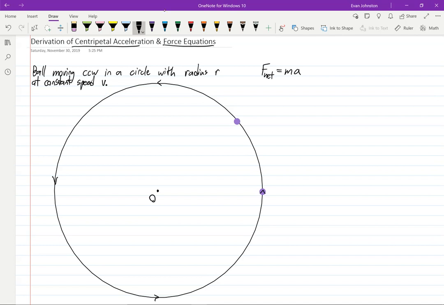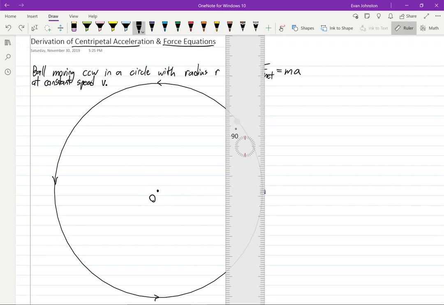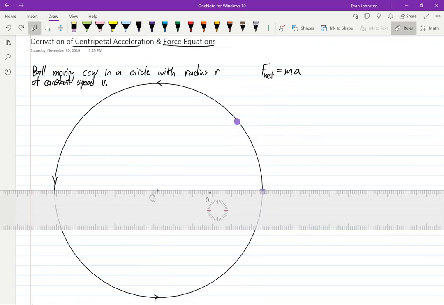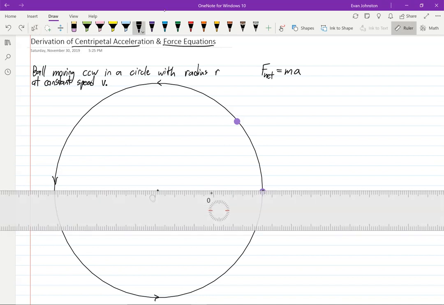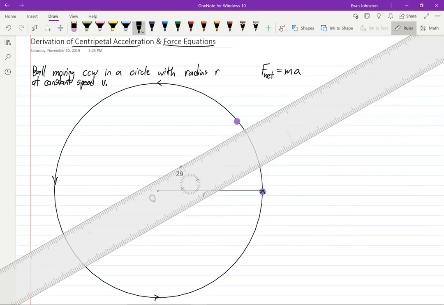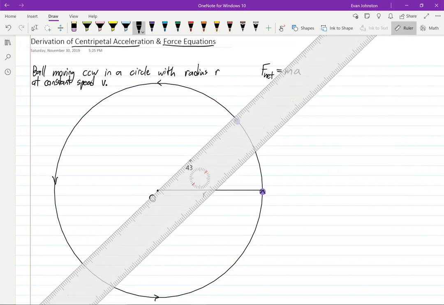I have a dot here with the center of my circle and my origin right here. What I'd like to do is draw our radius and label that r. If the ball has that radius at the first position, it has the same radius at the second position.